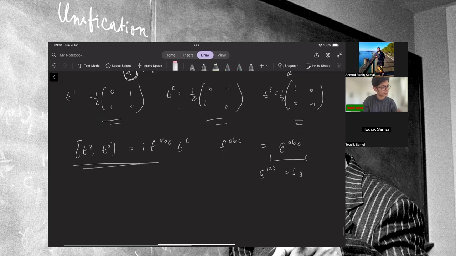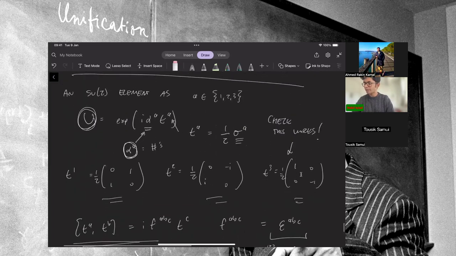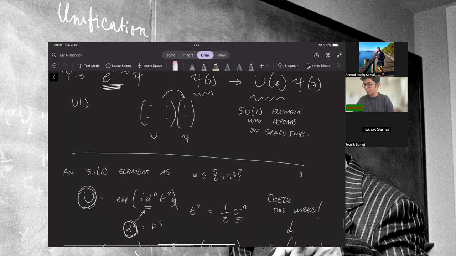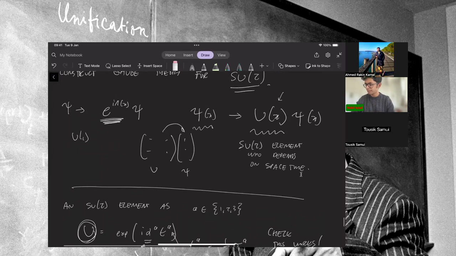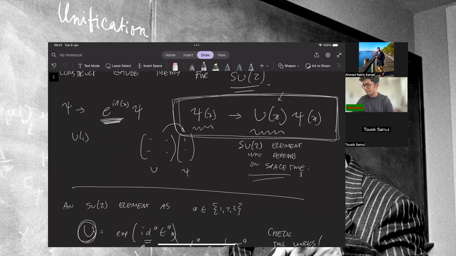Okay. And now we can construct our gauge theory. So the point is, we have a field psi, which transforms in this manner. And I want to write down a theory which is invariant under this kind of non-abelian gauge transformation.